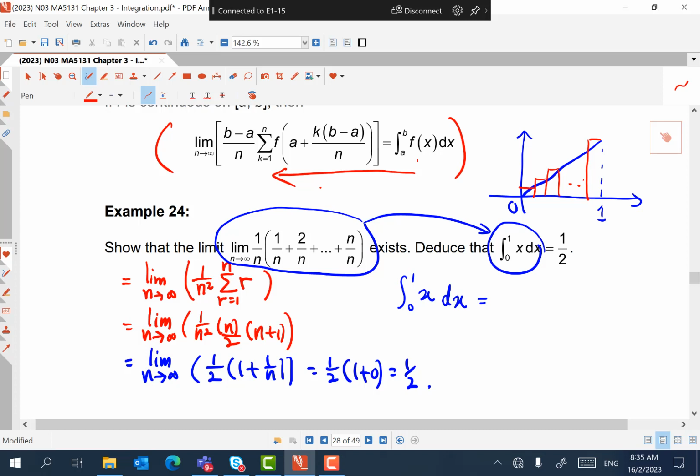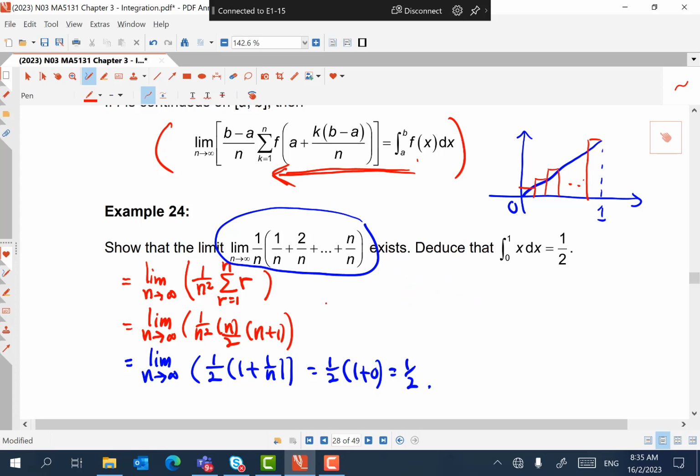So let's try again for this integral from 0 to 1. If you follow this guide, your a is 0 and your b is 1. So according to this guide, how do we do it?